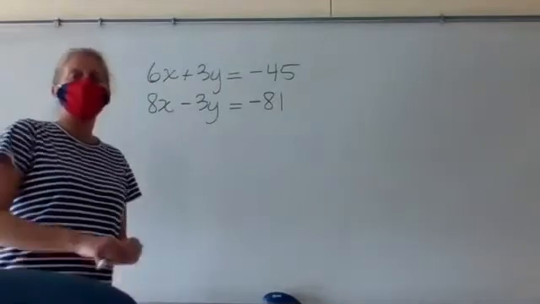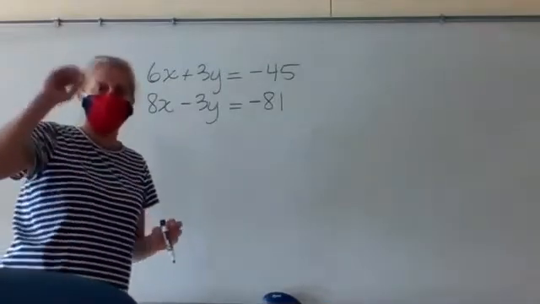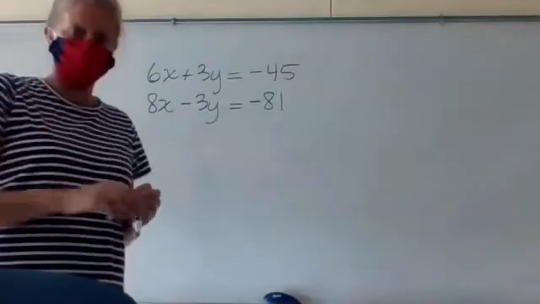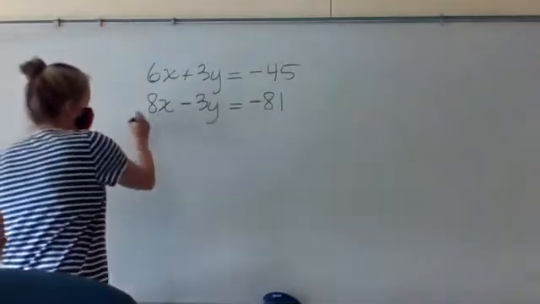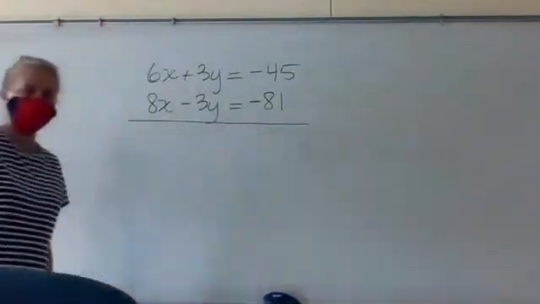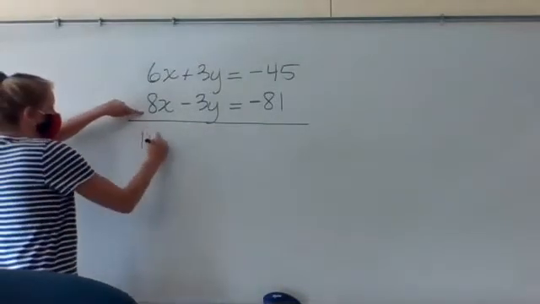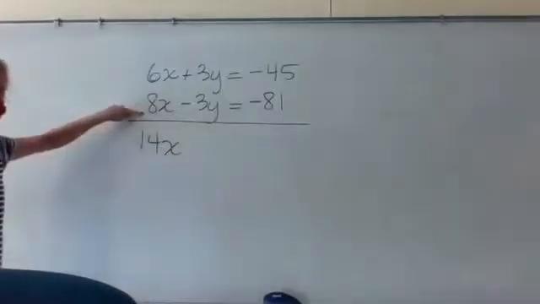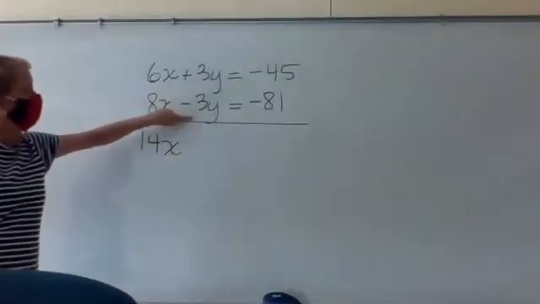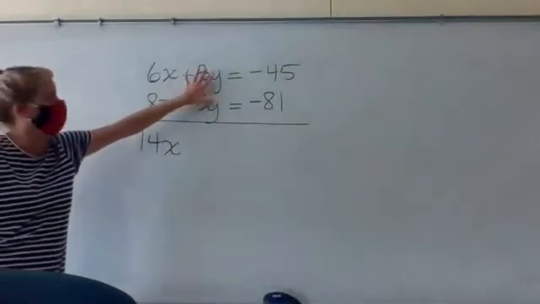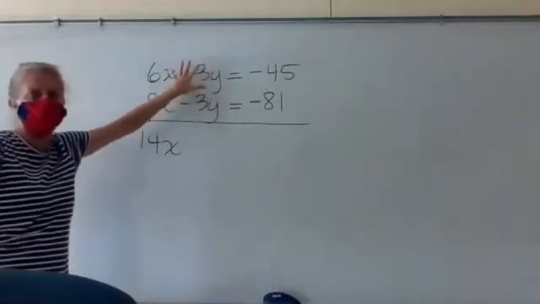So since these 2 equations are set up nice for us and I can add them together and my y's will cancel, let's do that. So 6x and 8x gives me 14x. My y's cancel, right? They're just all the way gone. If I add them together, there's nothing left.